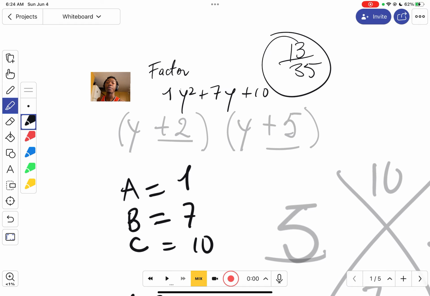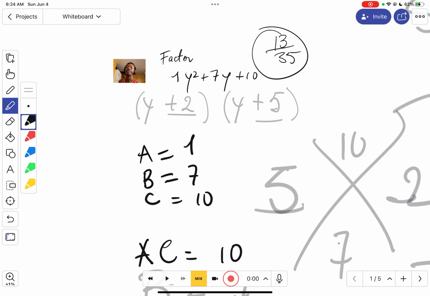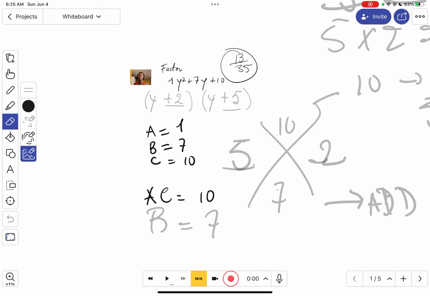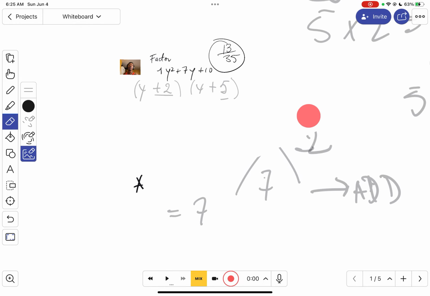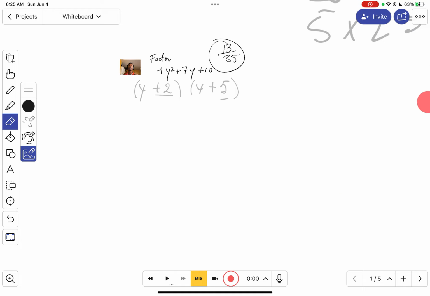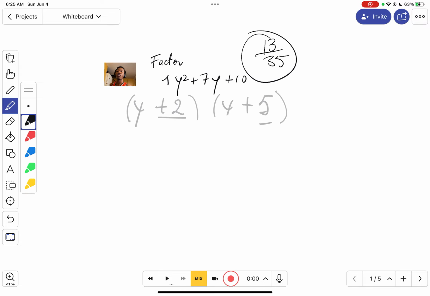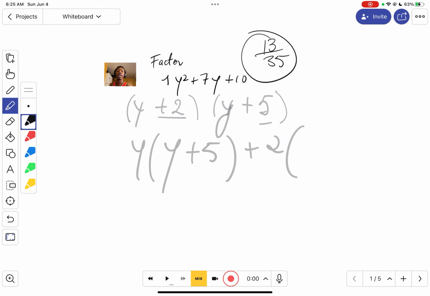If we try to expand the two terms, we should get the original equation that we started with, which is y squared plus 7y plus 10. That's what we're going to do right now. It's y by y plus 5, plus 2 by y plus 5.